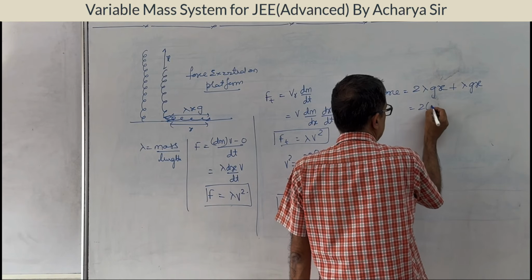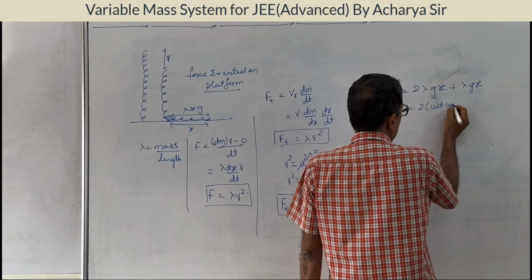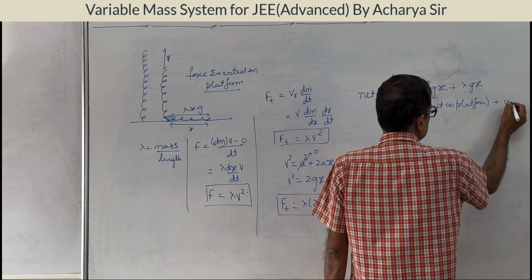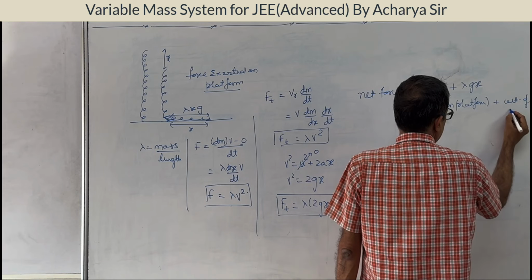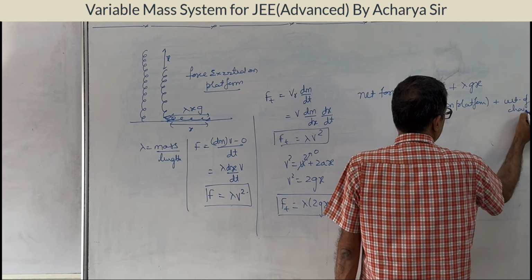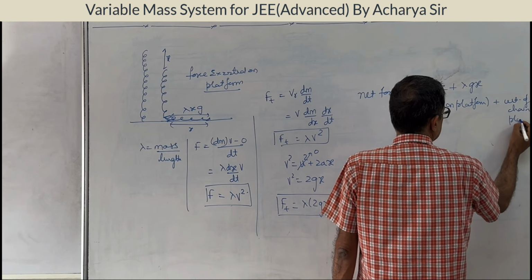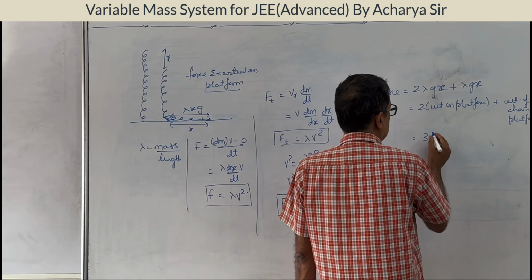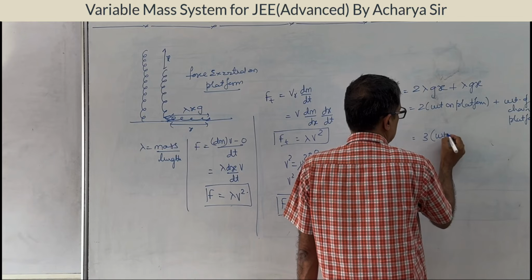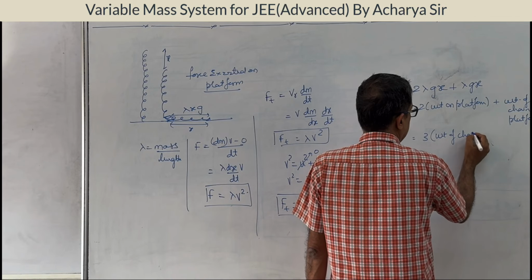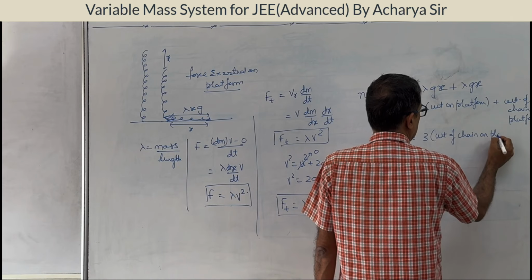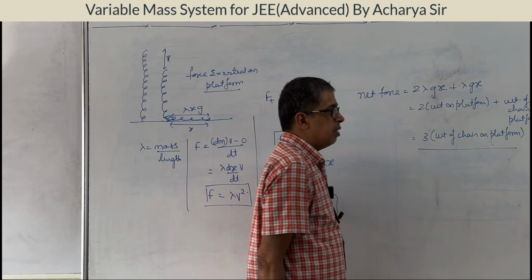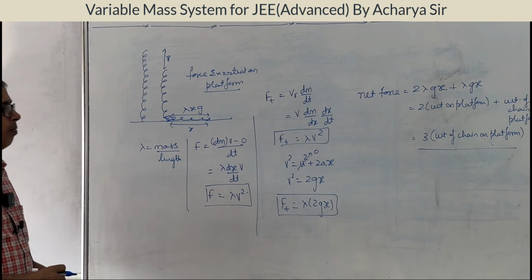This will be 2 times the weight on the platform plus the weight of the chain on the platform. Or you can directly write the net total force to be 3 times the weight of the chain on the platform.